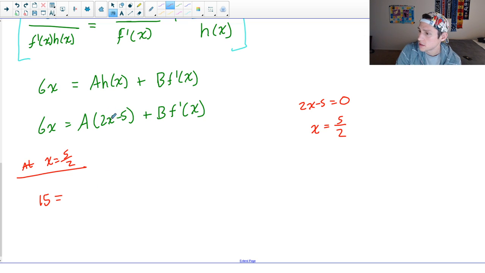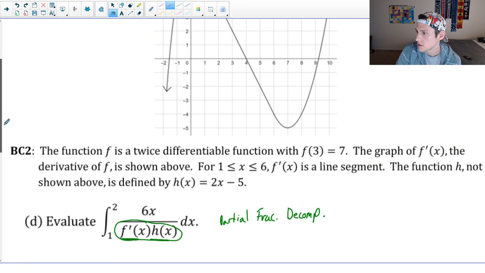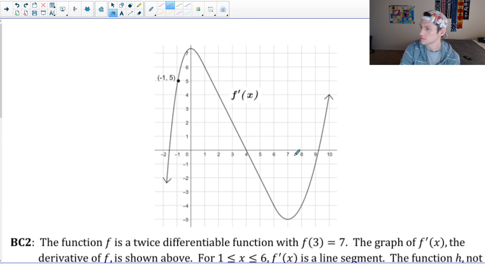A times, if I plug in 5 halves here, I'm going to get 0. So this term just cancels. But B times f prime of 5 halves. So f prime of 5 halves, let's see. 5 halves is 2.5.